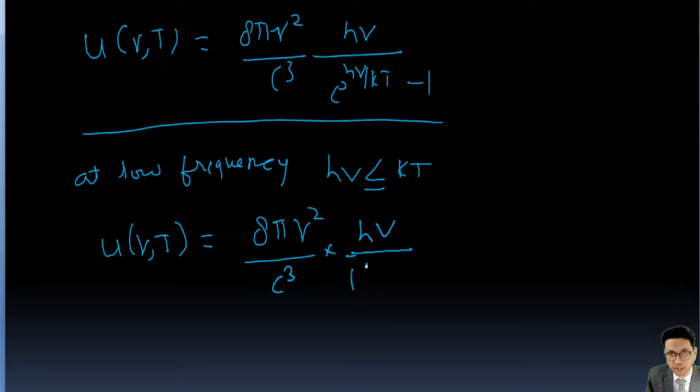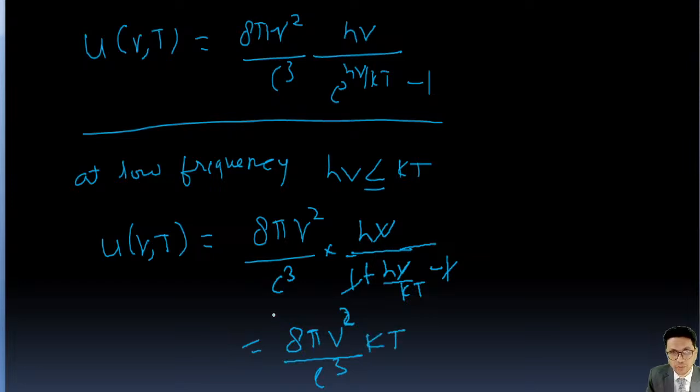So it is going to be 1 plus h nu upon kT minus 1; the 1 and 1 get cancelled, h nu gets cancelled, so it is going to be 8 pi nu square upon c cube into kT, which is the Rayleigh-Jeans law, right?